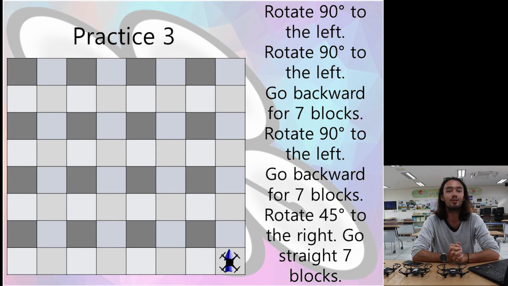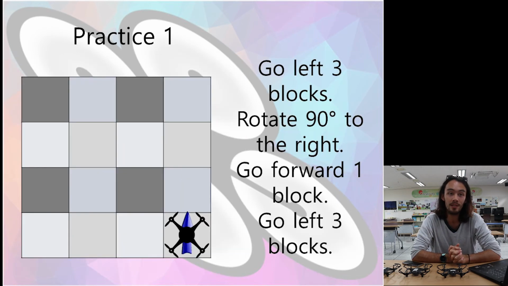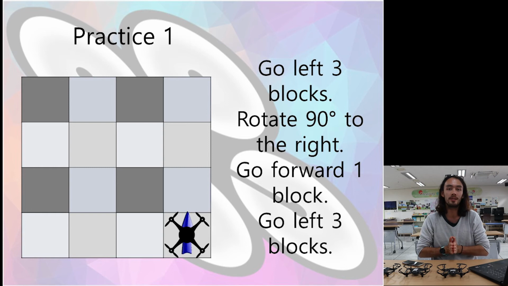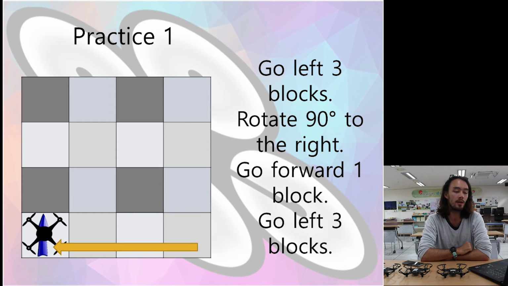We are going to move on to the solutions for practice 1. So remember, go left 3 blocks, rotate 90 degrees to the right, go forward 1 block, go left 3 blocks. So we're going to go left 3 blocks, follow the yellow arrow.